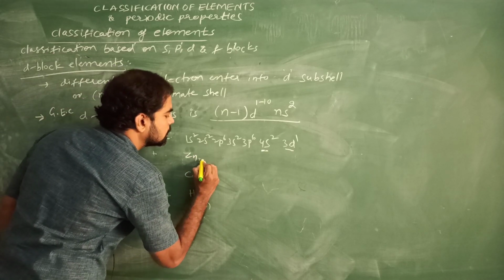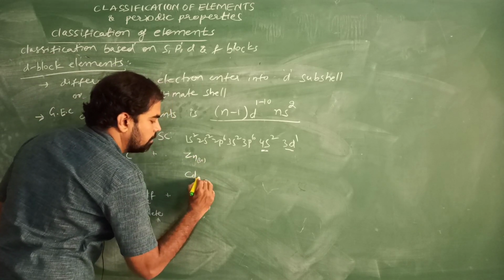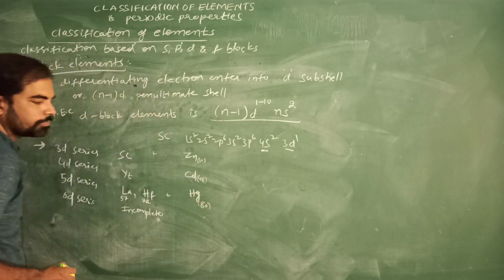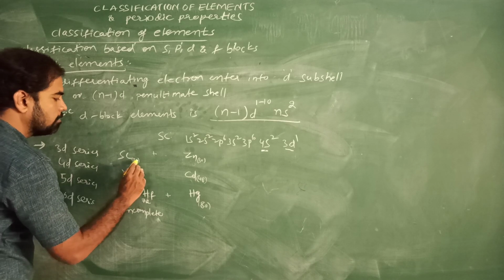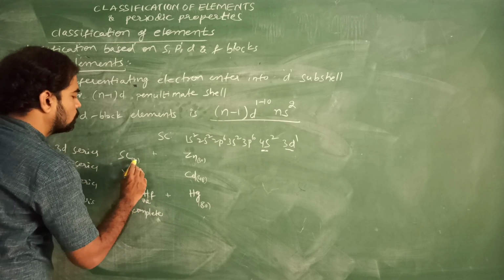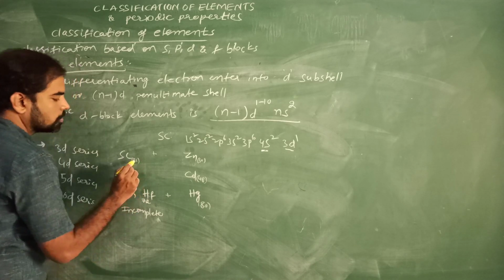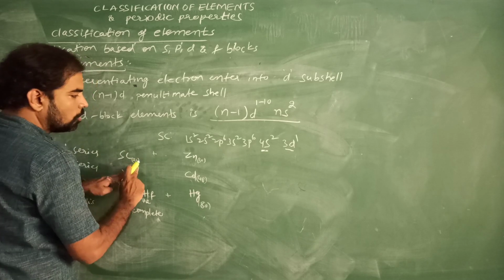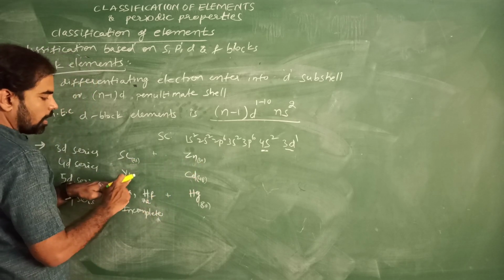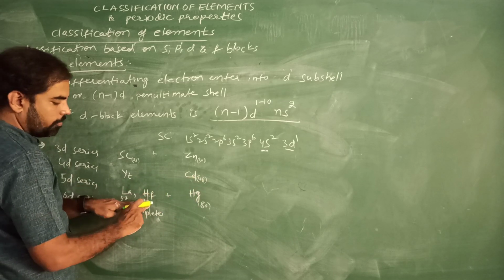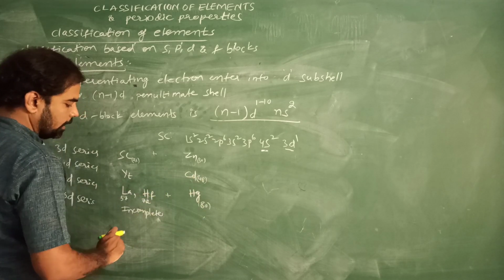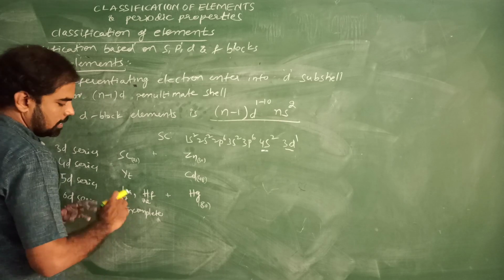Zinc atomic number is 30, cadmium atomic number is 48, and scandium atomic number is 21. Scandium is 21 to 30, next yttrium to cadmium. Here this 6d series is incomplete.